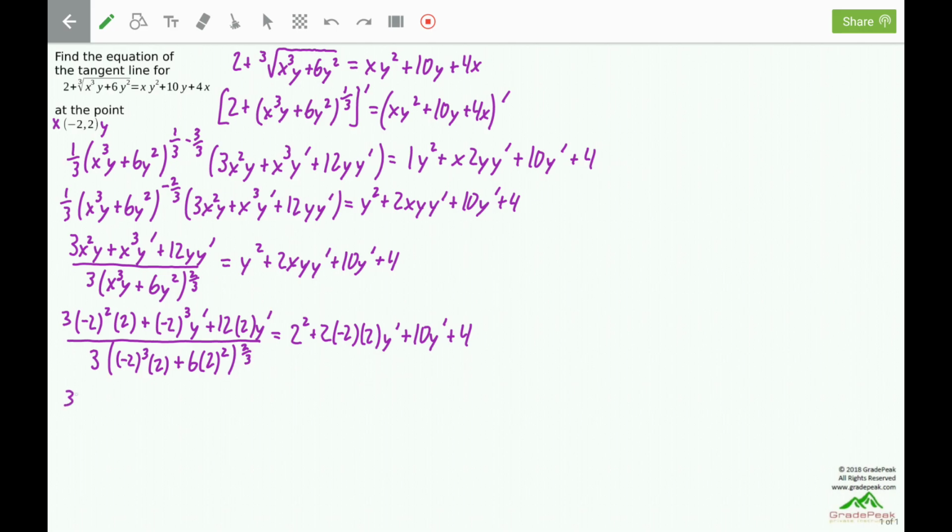So we have 3 times negative 2 squared is a positive 4 times 2. Negative 2 cubed, negative 2 times negative 2 is positive 4 times 1 more negative 2 is negative 8 y prime. A positive 12 times a 2 is a positive 24 y prime. All divided by 3 times negative 2 cubed, once again, is a negative 8.